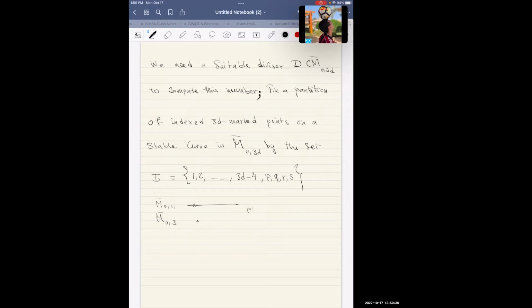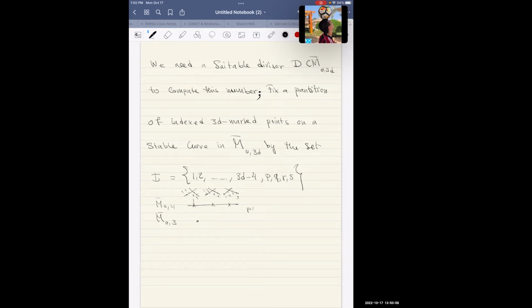And it was a P1 with 3 special canonical points on it. Each time I picked a point in this P1, I looked at the tree of curves. And so something like that, and something like that. I had 1, 2, 3, 4. I had 1, 3, 2, 4. And I had 1, 4, 2, 3, something like that, right?